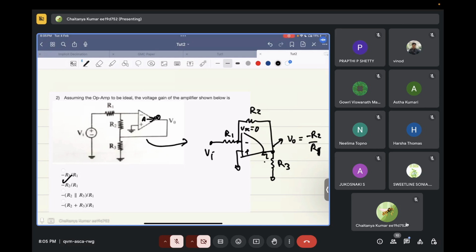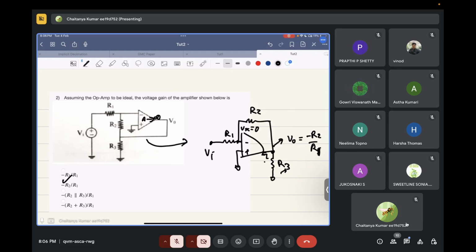What is the output impedance of any op amp connected in negative feedback? Zero, right? So if the output impedance is zero, any load connected at its output won't impact the output voltage of the circuit.